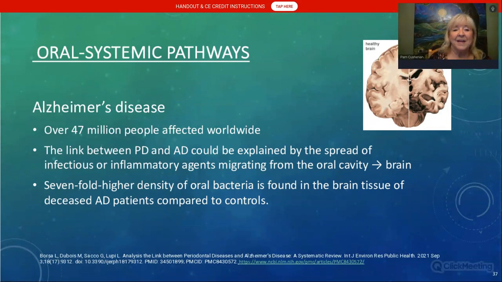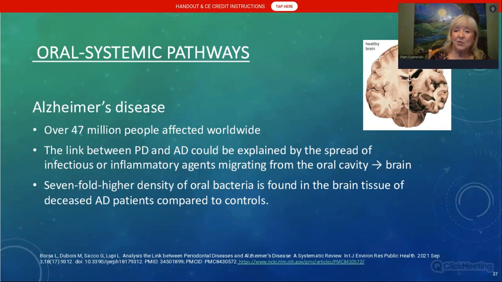So, the link between these two things, perio disease and Alzheimer's disease, can be related to the spread of these disease bacteria from the oral cavity into the brain. And this is through the blood-brain barrier.